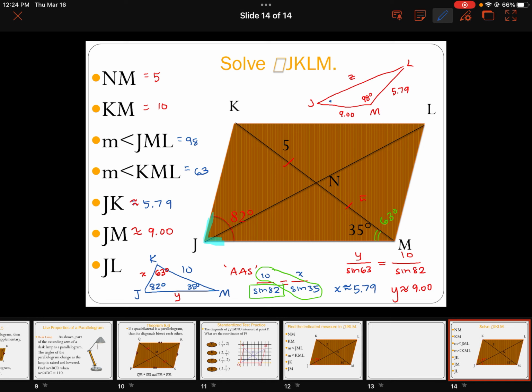Okay, so that angle right there where the blue dot is, it's not 82 degrees. Is there any way we could figure out what it is? Yeah, well, we can if we use the law of cosines. So that's what we're going to do. We want the measure of angle J. So you're going to have to use the law of cosines.